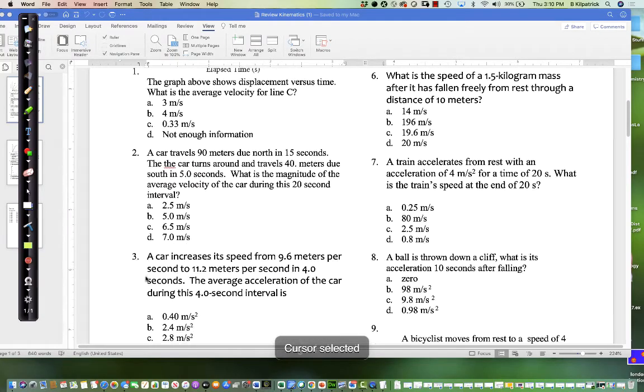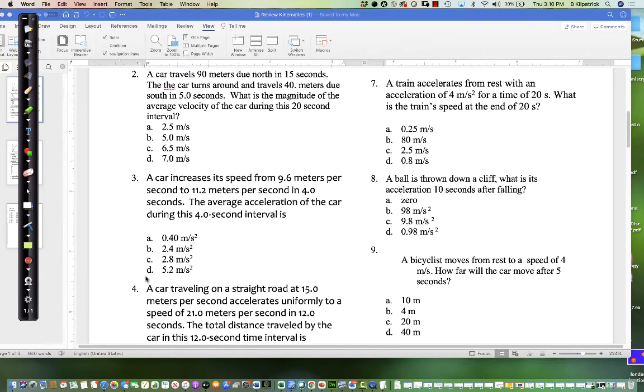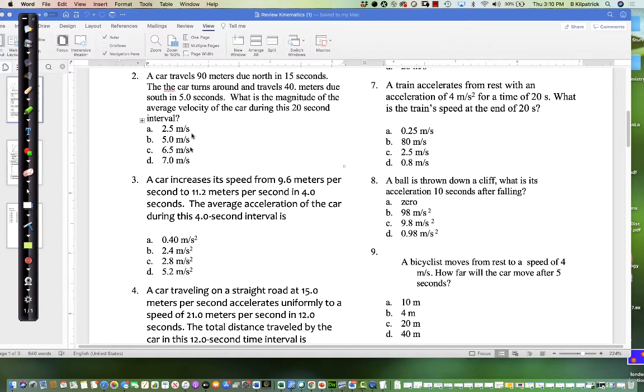Car travels 90 meters due north in 15 seconds. Then the car turns around and travels 40 meters due south in 5 seconds. What is the magnitude of the average velocity? Velocity is equal to what? Displacement over time. So we need the displacement and we need the change in time. What is the displacement? 50, right?